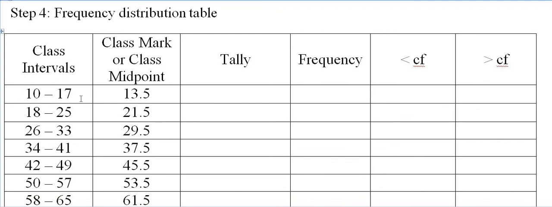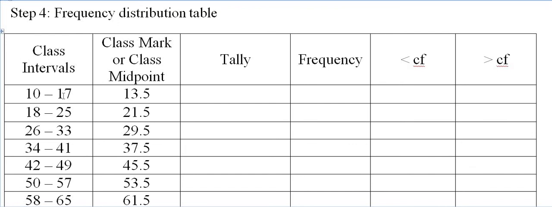If you want to confirm if 10 to 17 should really be our first class interval, just count from 10 up to 17 with your fingers, and you will get 8, the class width. That is 10, 11, 12, 13, 14, 15, 16, 17.